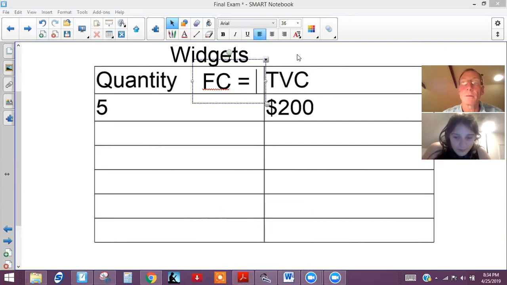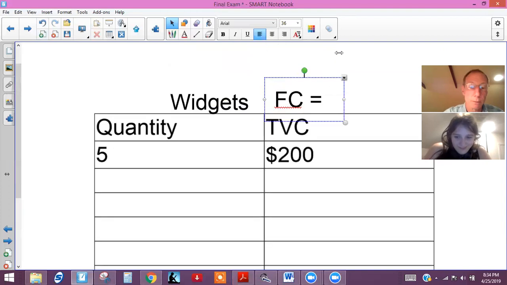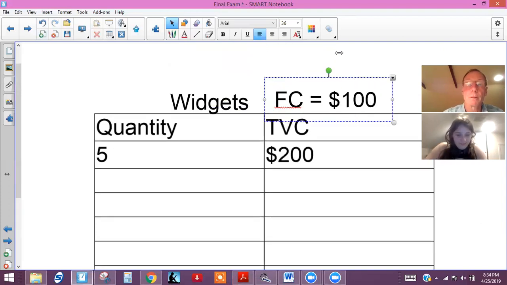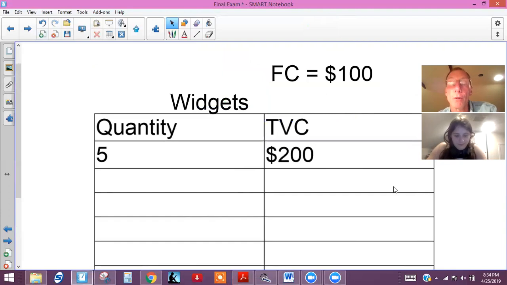Now, if fixed cost equals 100 and total variable cost is 200, what's the total cost to produce 5?